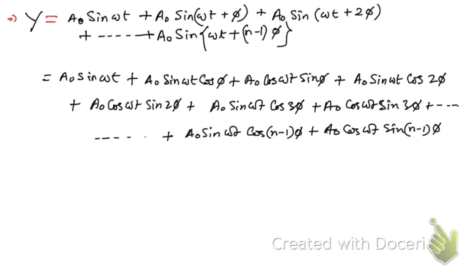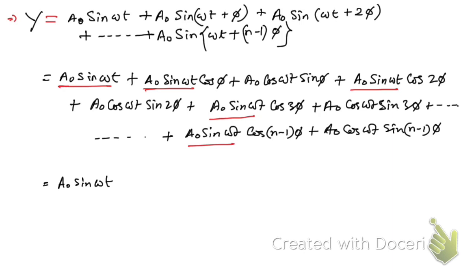Now we can take a naught common from each term, and from these terms we can take sin omega t common wherever it is possible.